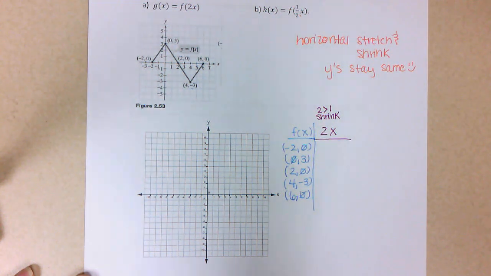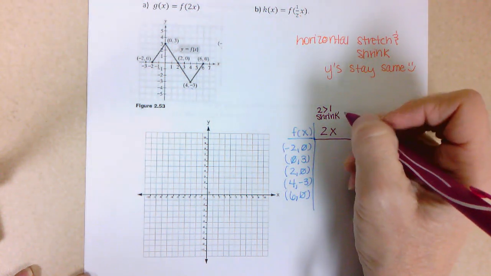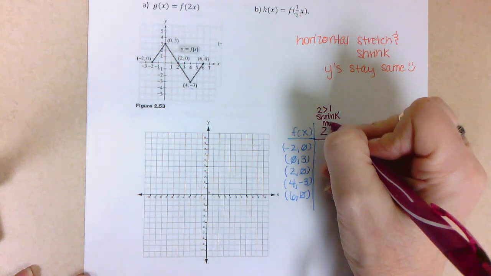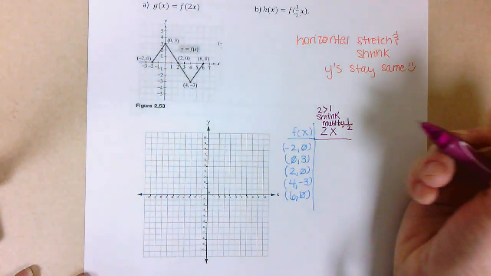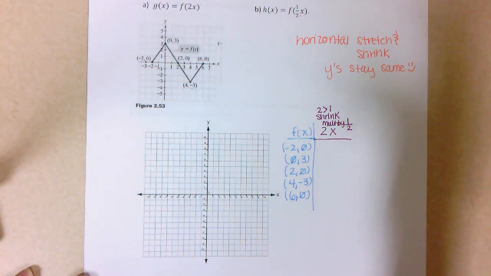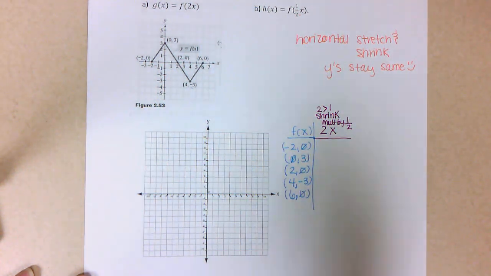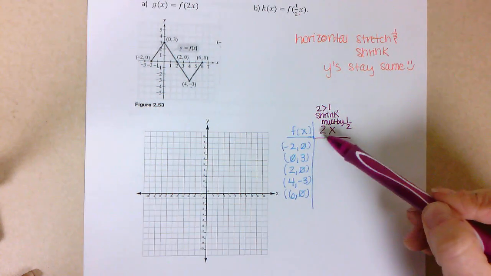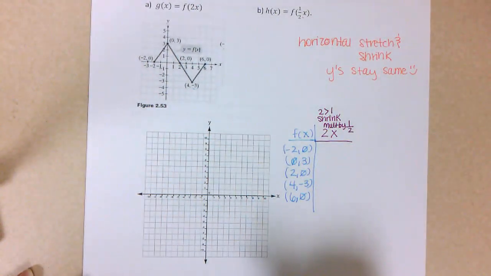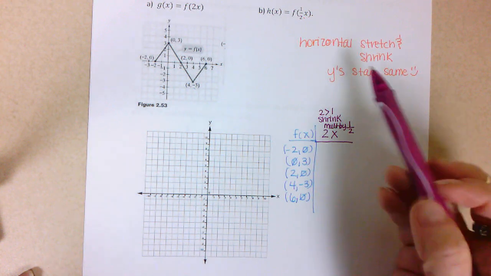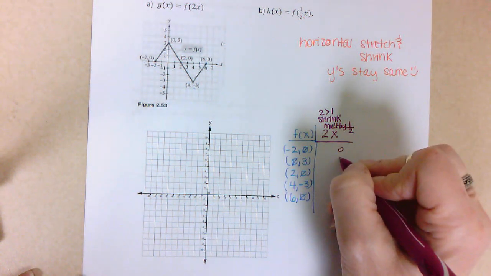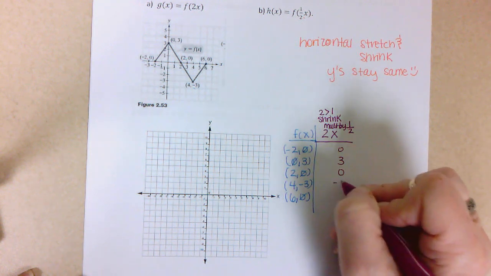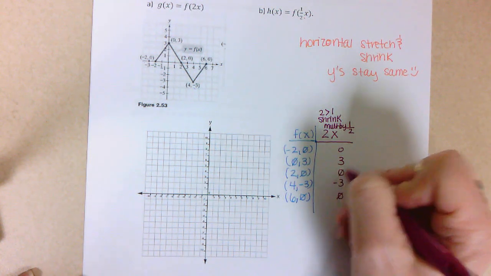And from that second little square that I had, we know that it's going to shrink, so we're going to multiply by 1/2, right? Because it's in the form of 1 over absolute value of k, that's our constant. So we know the y's stay the same, so we can copy and paste them. So let's do that. 0, 3, 0, negative 3, 0. Cool.